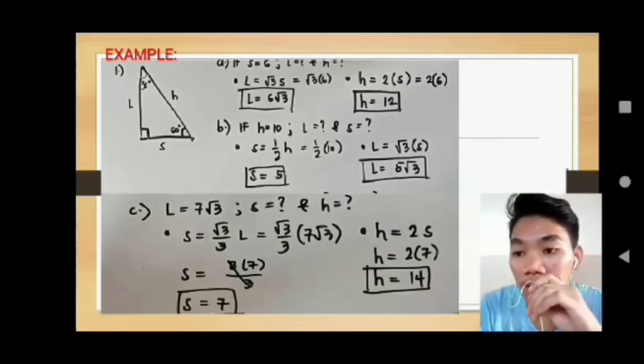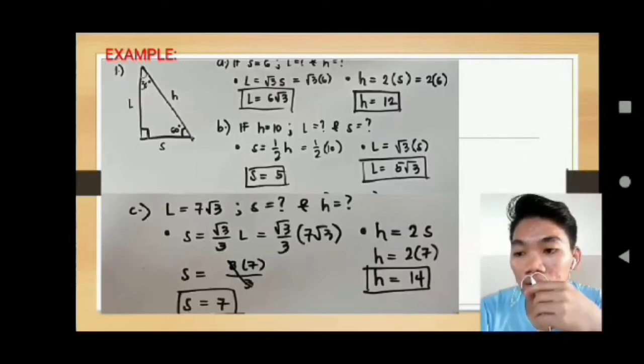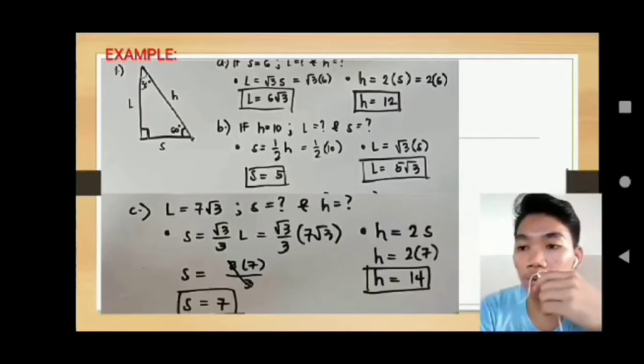So, next, sa B. Okay, if the hypotenuse is equal to 10, what is the length and the shorter leg? So, unahin muna natin yung shorter leg, given kasi yung hypotenuse. Shorter leg is equal to 1/2 times hypotenuse.